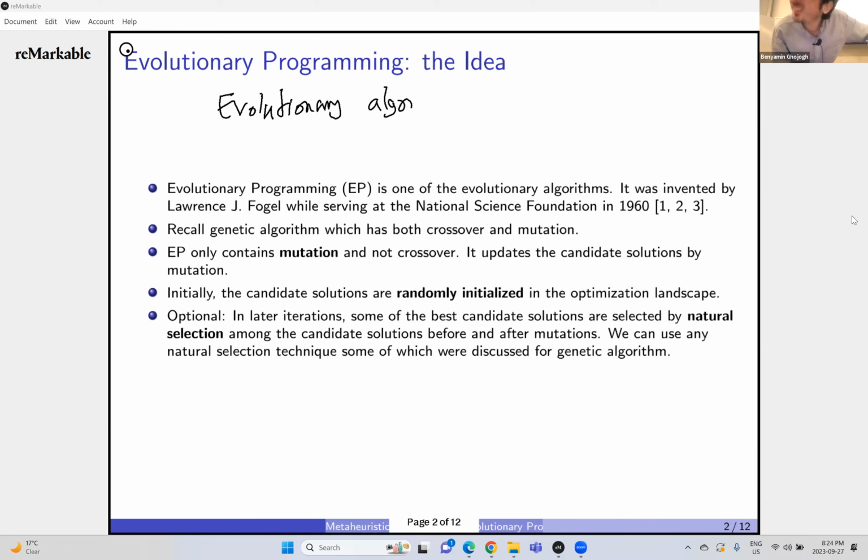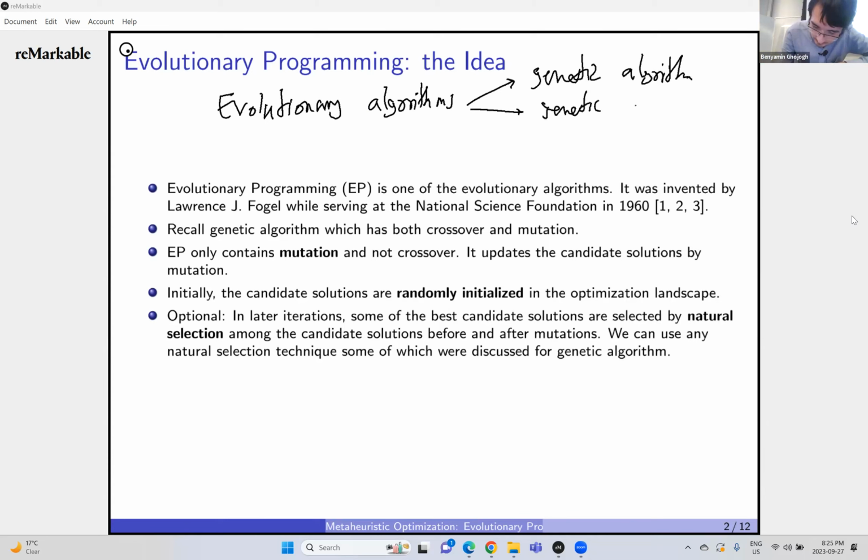Evolutionary algorithms: whatever algorithm that you have which uses the idea of evolution is an evolutionary algorithm. For example, genetic algorithm and genetic programming. We have two other methods, at least, which we are going to introduce.